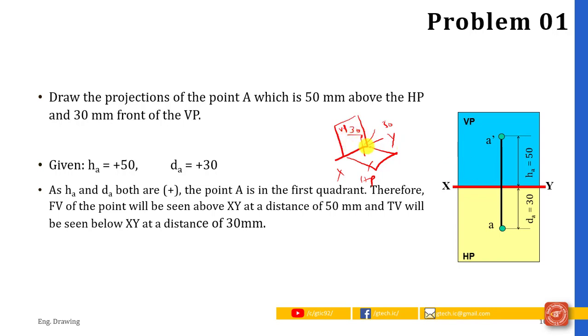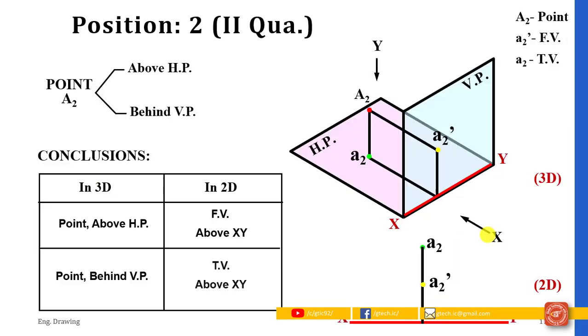After looking at this side, you can see the height of the point is 50 millimeter. So in the front view, you can see the height of the point is 50 millimeter, so you place a point here. And while looking at the top view of the point, you see this 30 millimeter distance. So the top view is drawn as A, where you can see the 30 millimeter distance.